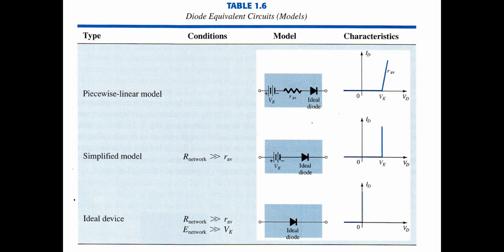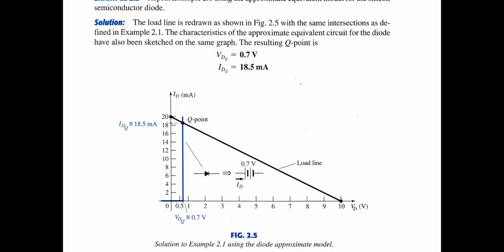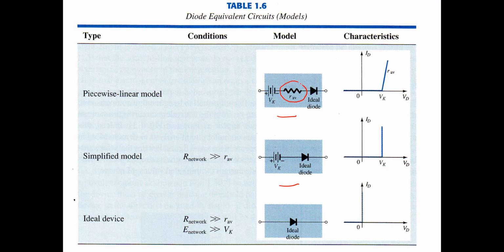And then this is the diode equivalent circuit. We already explained it in the first chapter. This is the piecewise linear model, and this is the simplified model. In the piecewise linear model, we have the average resistor here. I have explained about the average resistor of the diode.